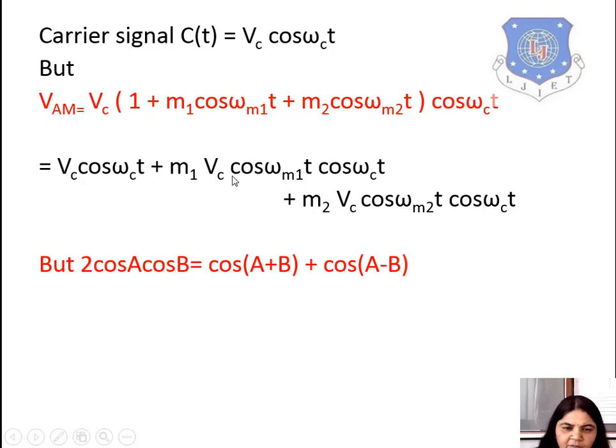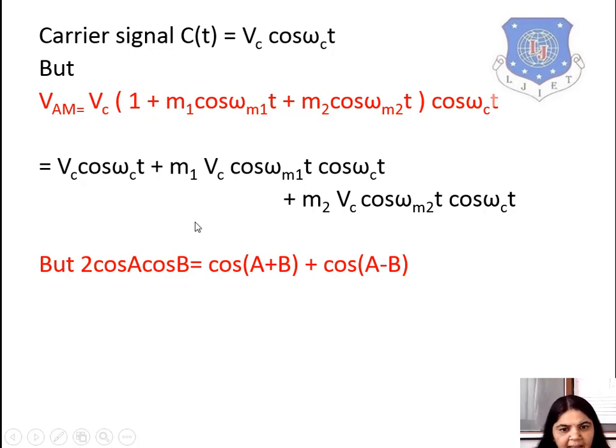Now here we have cos omega m1t cos omega ct. Which formula can I apply? 2 cos A cos B is equal to cos(A plus B) plus cos(A minus B). So I should multiply by 2 as well as divide by 2.